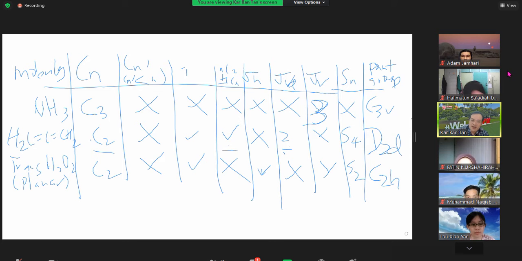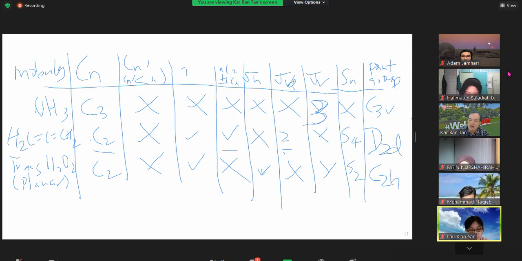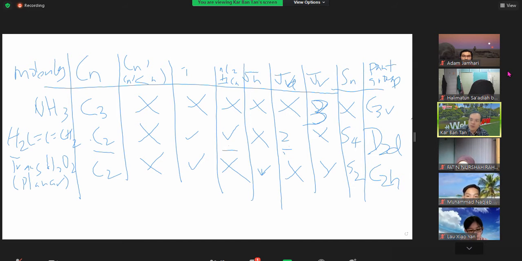Now take a look. From the 3 molecules that I showed you, did the improper rotation affect the naming of your point group in normal circumstances?